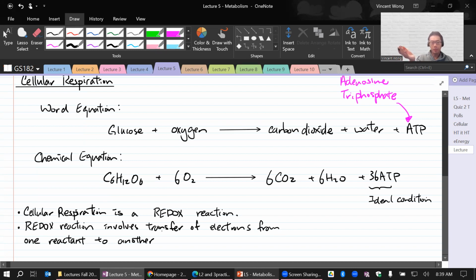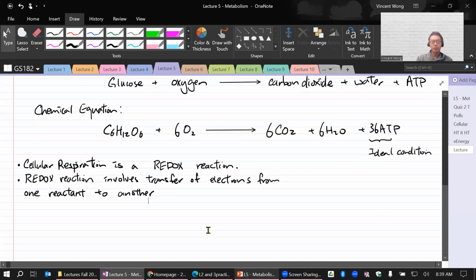Again, I'm hoping that you guys remember your chemistry stuff. The ingredients are the reactants, right? And the things that you get in the end, those are the products, right? Reactants, products. So in a redox reaction, we will be transferring electron from one reactant to another.